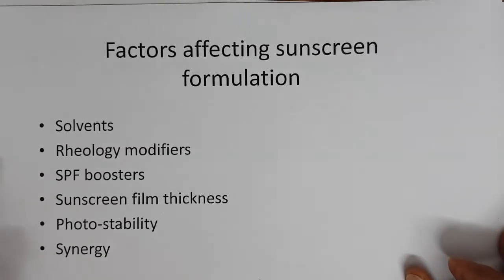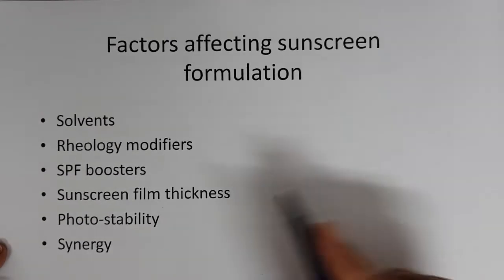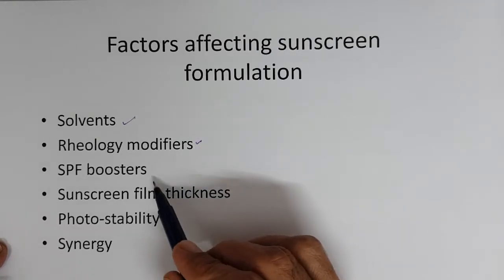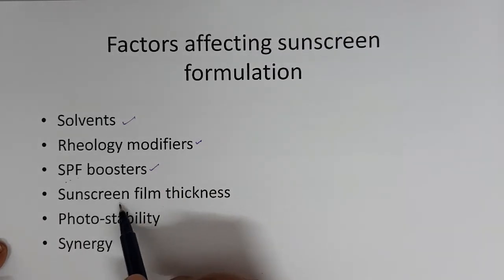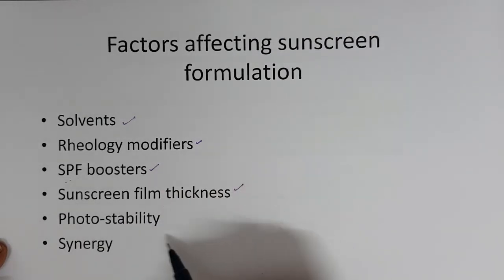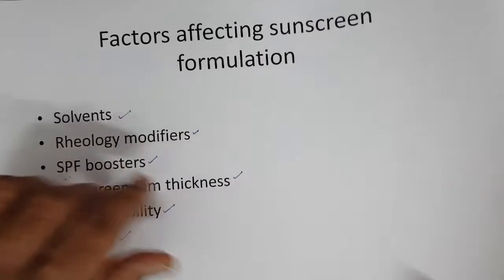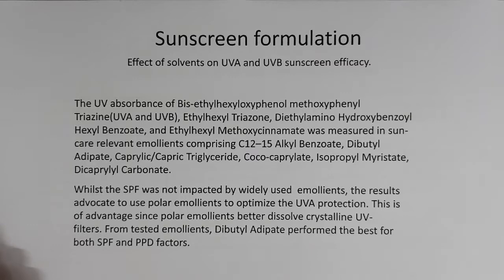So factors affecting sunscreen formulation: solvents, rheology modifiers, sun protection factor boosters, sunscreen film thickness, photostability of sunscreens, and synergy between sunscreens. We will see with examples one by one.